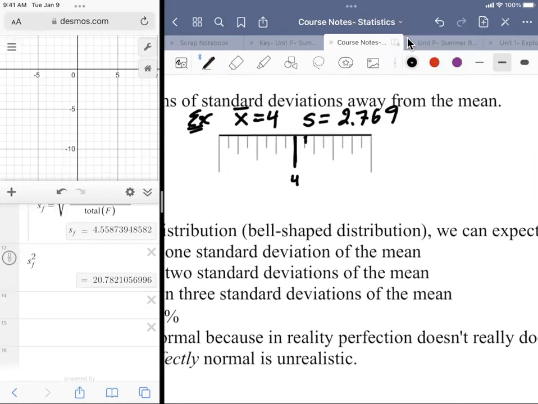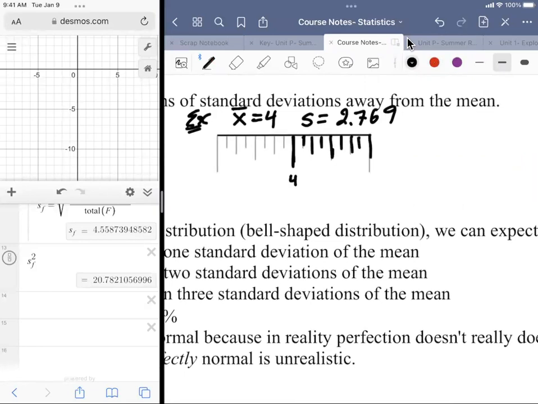And each one of these little tick marks here would be, instead of 1 unit to the right, it's going to be tough to write it in here, but I'll use a little arrow, this one here is going to be 4 plus 2.769. All right, because I'm starting off with the mean and adding to it 1 standard deviation. That's what this represents.